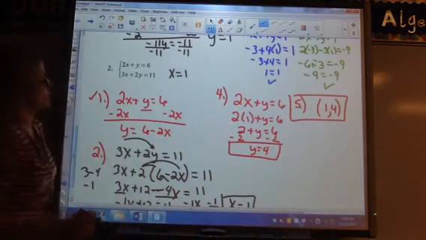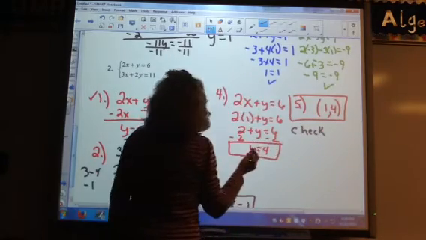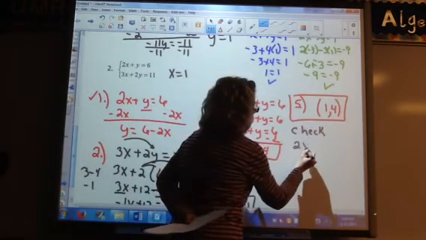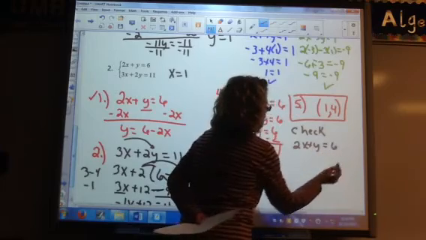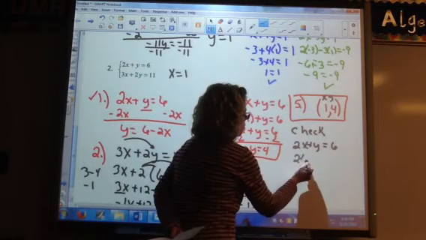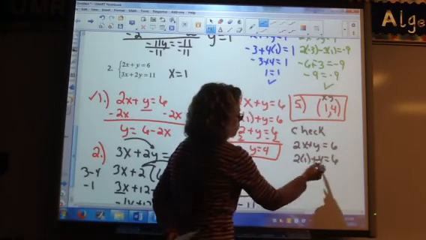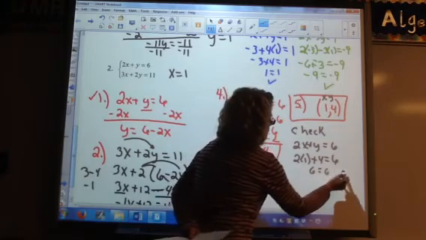Now, let's check and make sure. So with my first equation, 2x plus y equals 6, let's substitute in. So substitute 1 in for x and 4 in for y. So 2 plus 4 is 6. Check.